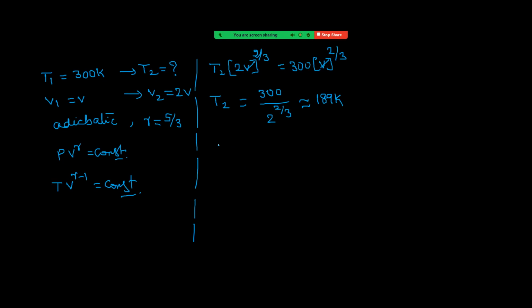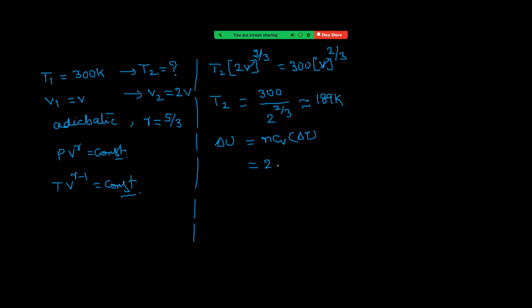We have to calculate now delta U. Delta U equal to nCv delta T. Right? It is given now 2 moles of ideal monoatomic gas.